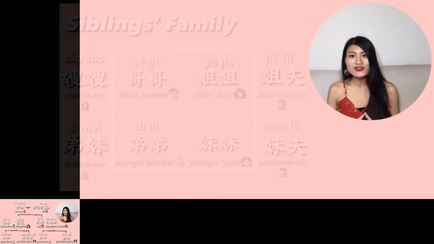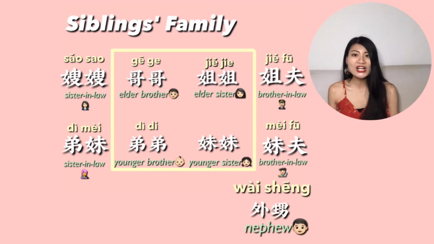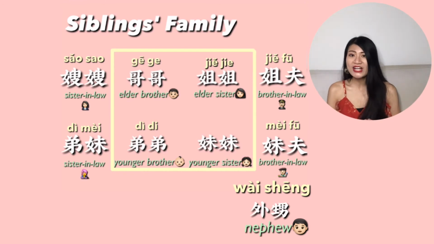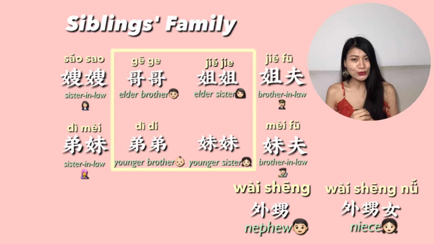If my sisters have children, I will call them 外甥, nephew, and 外甥女, niece, from my sister's side.